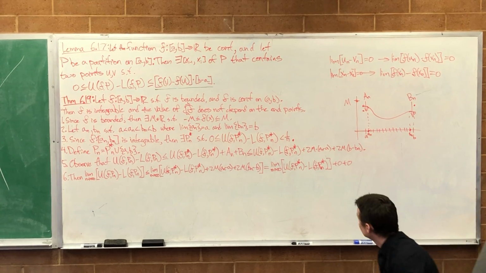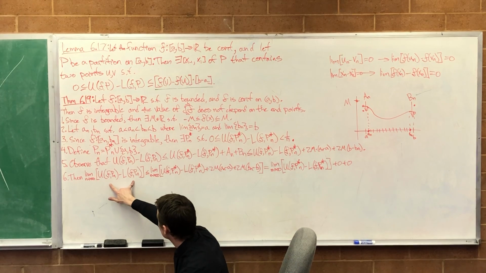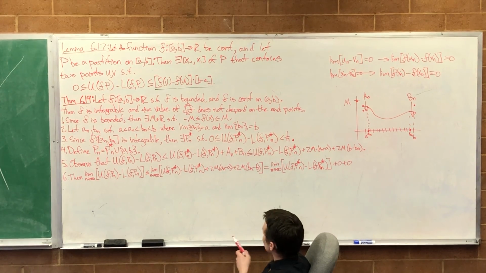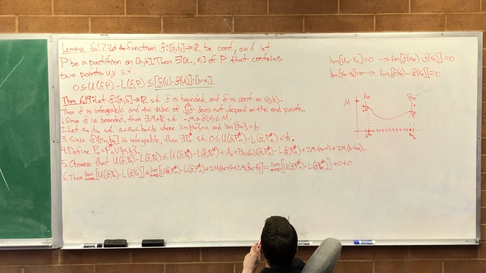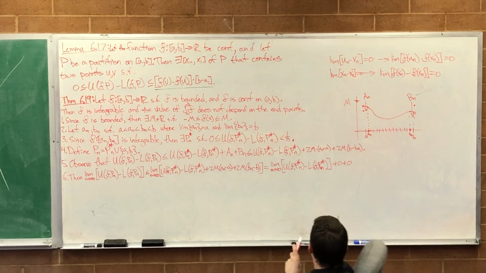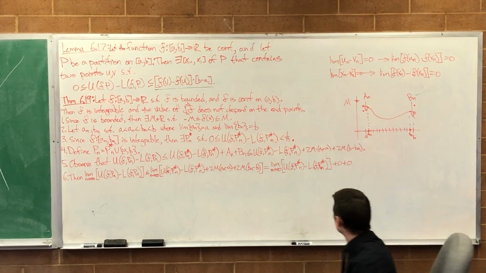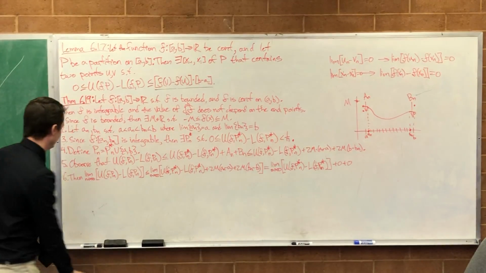I kind of need to argue that, therefore, the limit of this difference, let's see. How do I want to say that? Here, let me talk out loud, and then maybe that will help me see how to do it.